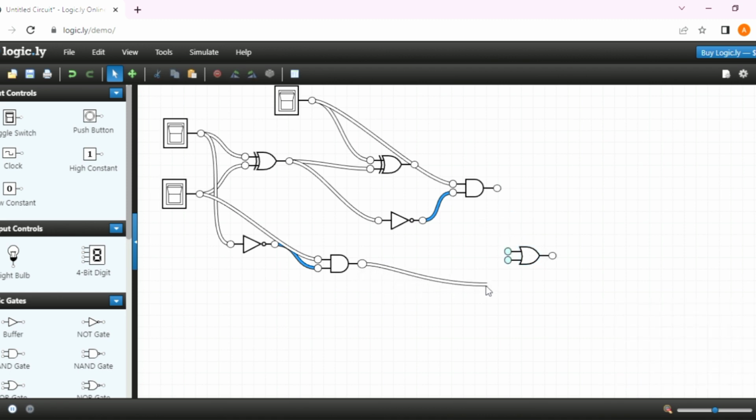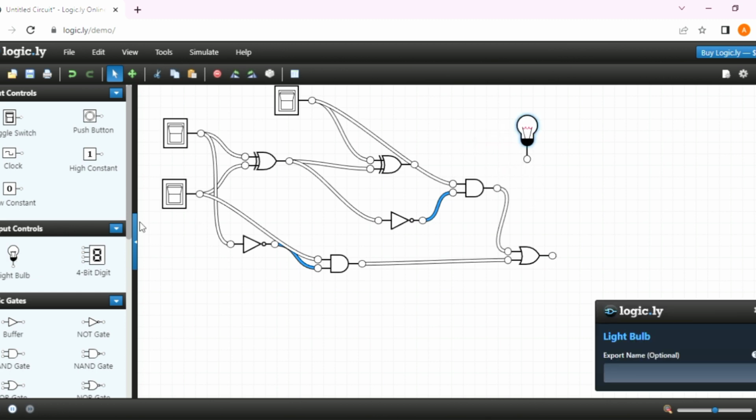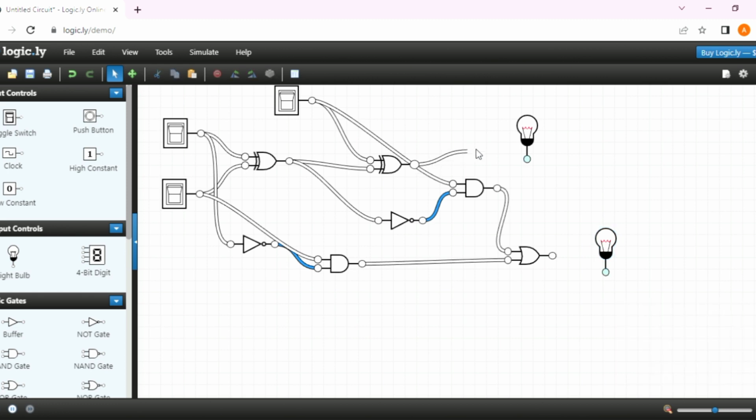The inputs of the OR gate are the outputs of both AND gates. So this is the circuit of the full subtractor and we need to add outputs to this. The output of the first XOR gate is the difference and the output of the second XOR gate is the borrow.